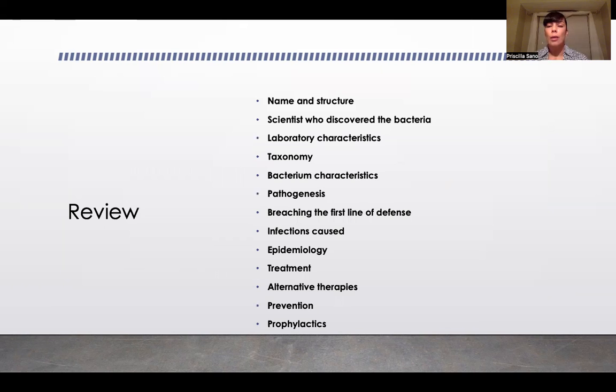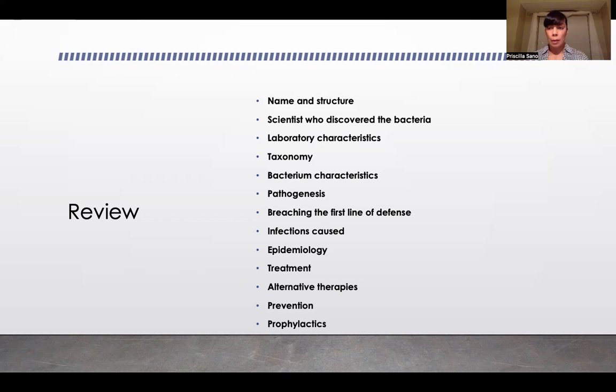So in review, we have covered the name and structure of Staphylococcus aureus, the scientist who discovered the bacterium, laboratory characteristics, taxonomy, bacterium characteristics, the pathogenesis, breaching the first line of defense and what happens when that occurs, infections that are caused and whether they are severe or non-severe, the epidemiology and certain populations that tend to be more affected than others, various treatment options depending on the severity of the infection or the resistance of the microbe, alternative therapies that are on the forefront, prevention tactics, and also prophylactics.